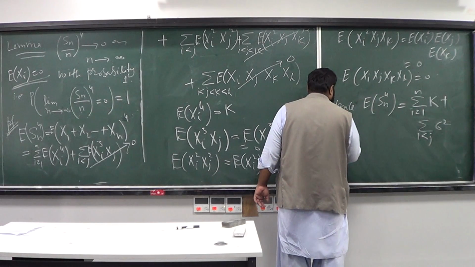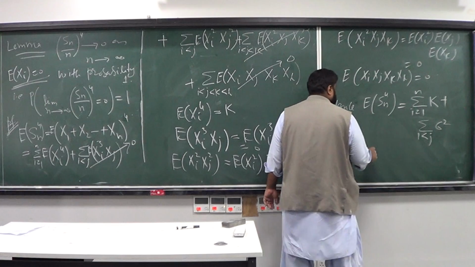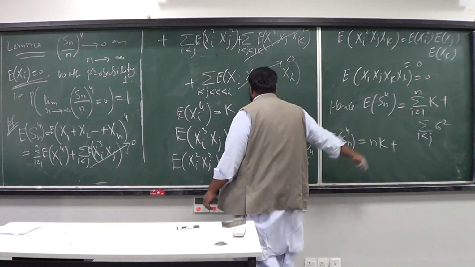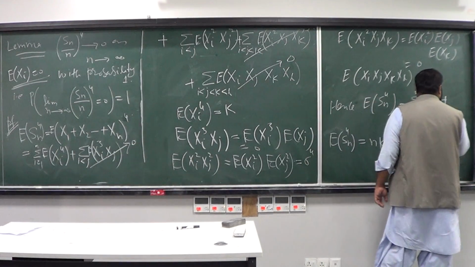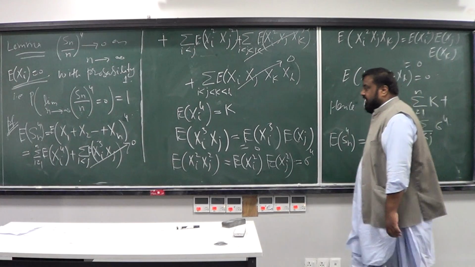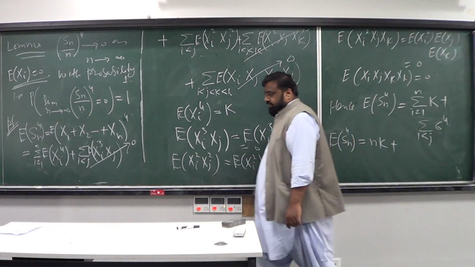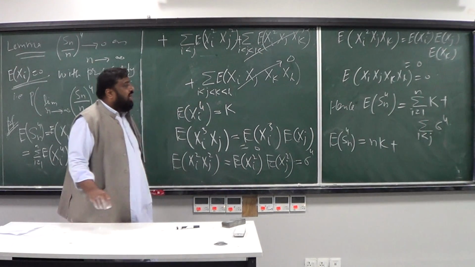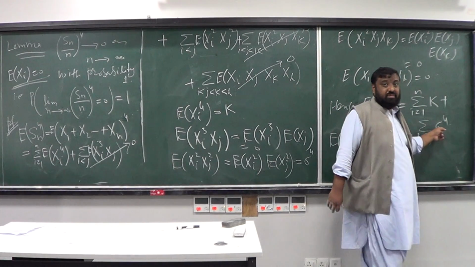So hence you can say the expectation of Sn power 4 is nk plus, now this is an interesting term, not sigma square but sigma power 4. The question is, how many such terms are there? In other words, how many times am I adding the sigma power 4?